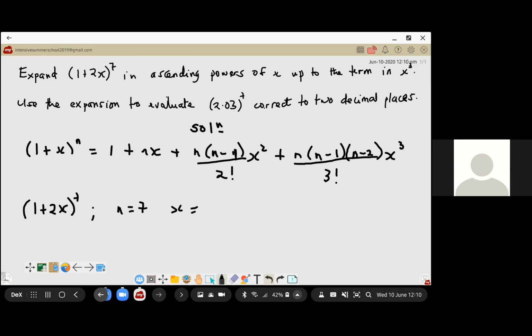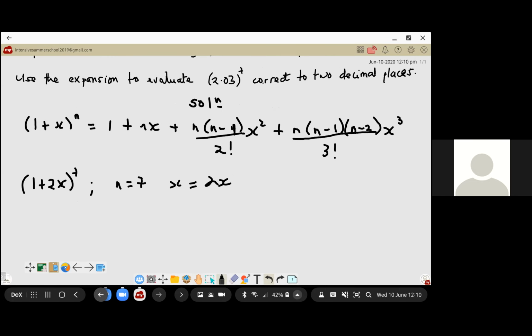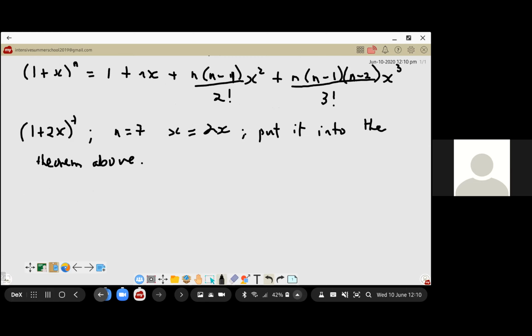Good. So we put it into the theorem above, so that we get 1 plus.